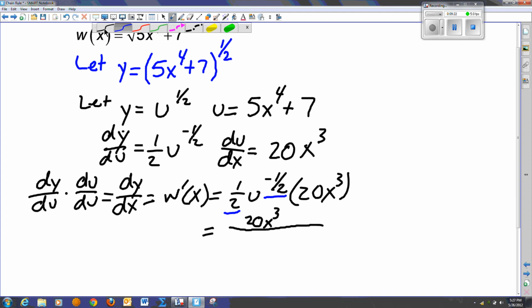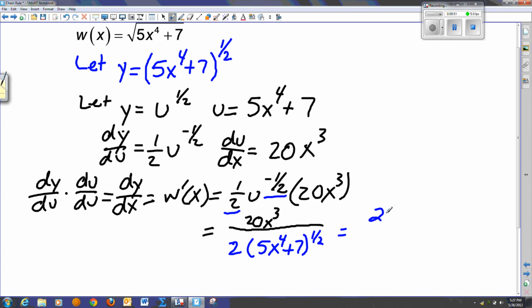So, in this case, I'm going to have the 2 down in my denominator, and I'm also going to have my u term, which in this case is the quantity of 5x to the fourth plus 7, all raised to the positive 1/2 now that I've moved it down to the denominator.